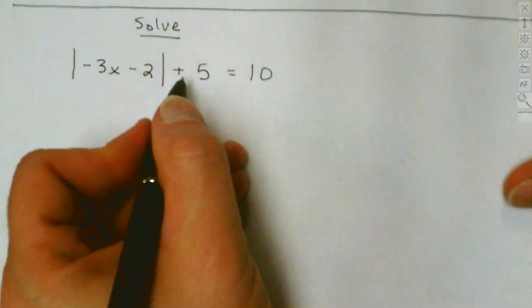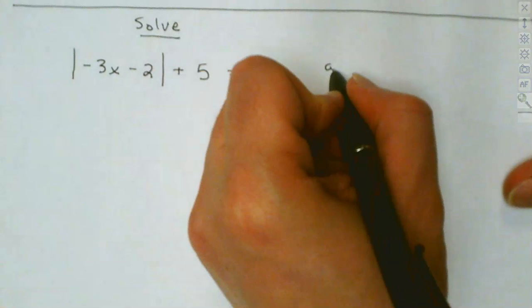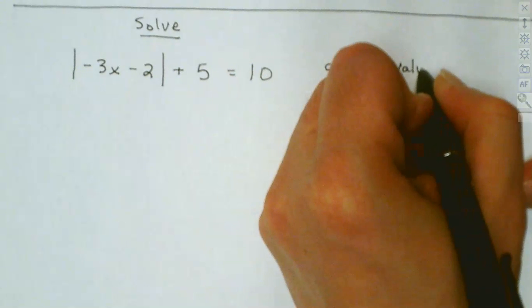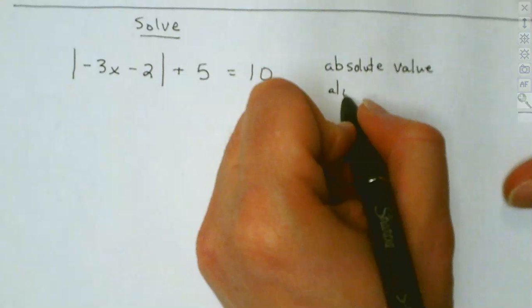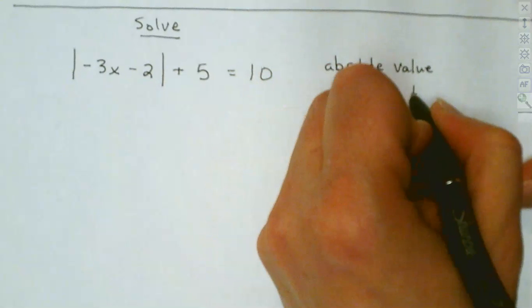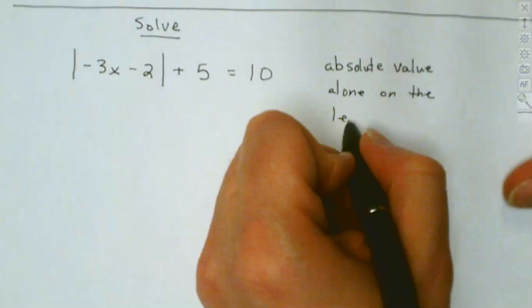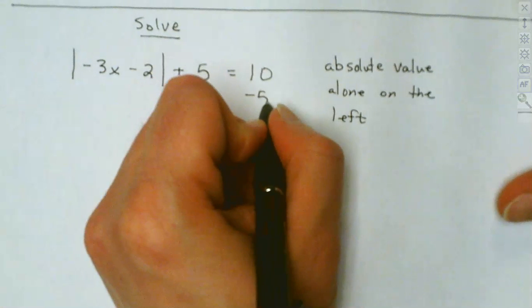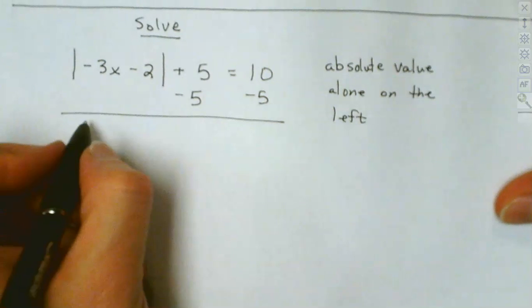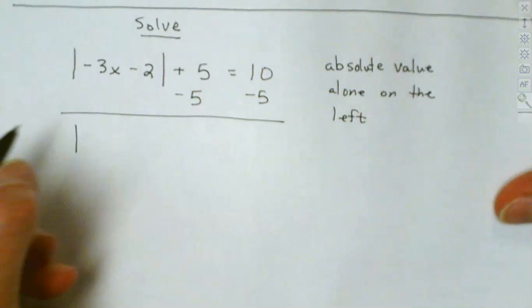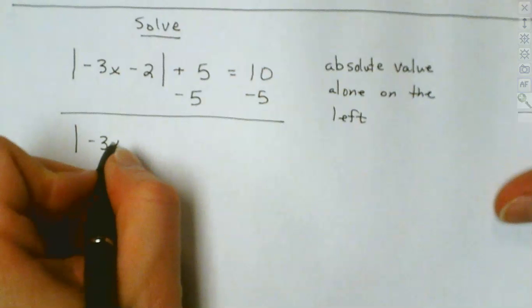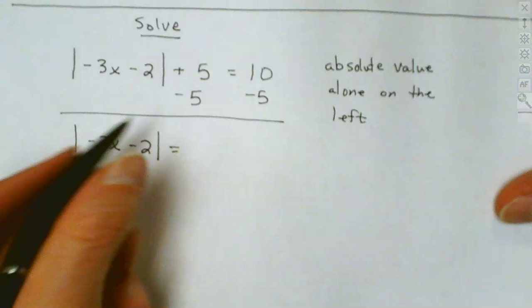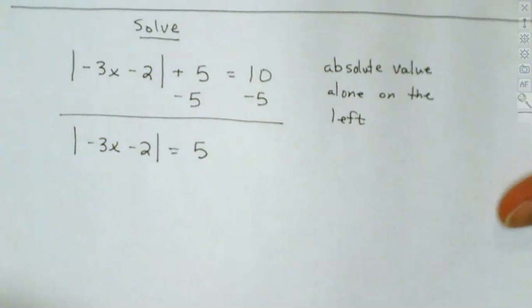So the absolute value must be alone on the left. So I move that 5 over. That gives you then the absolute value of minus 3x minus 2 equals 5.